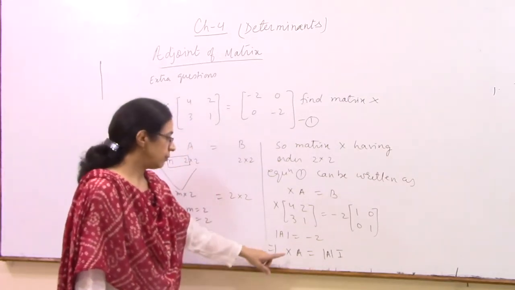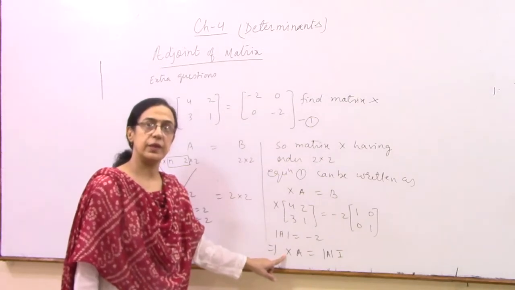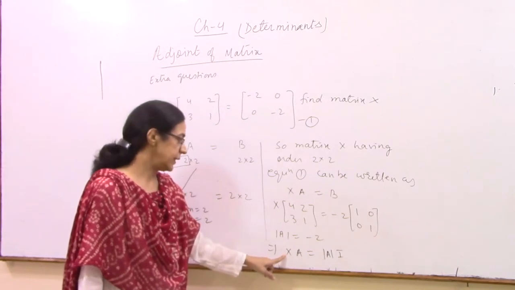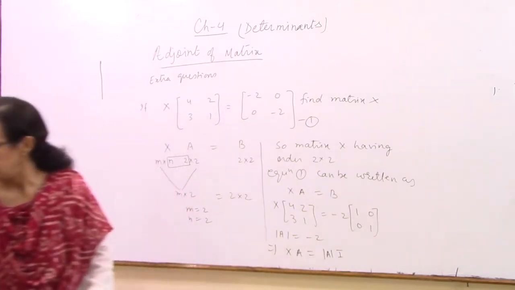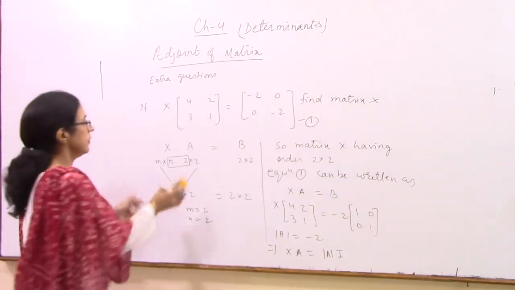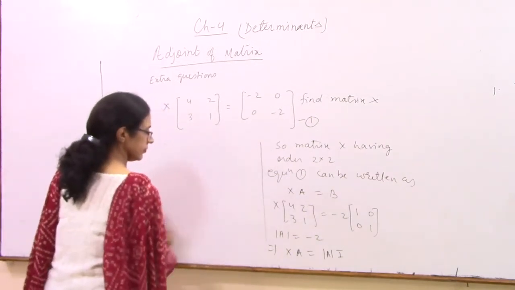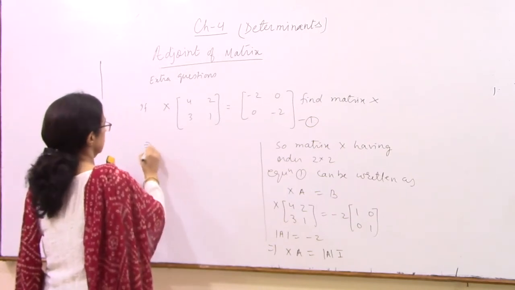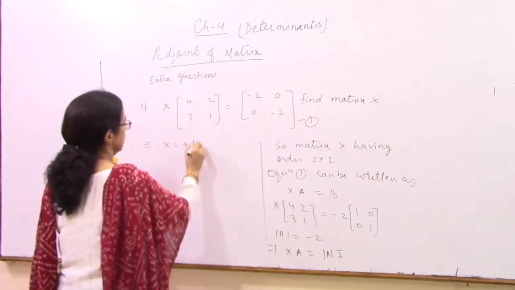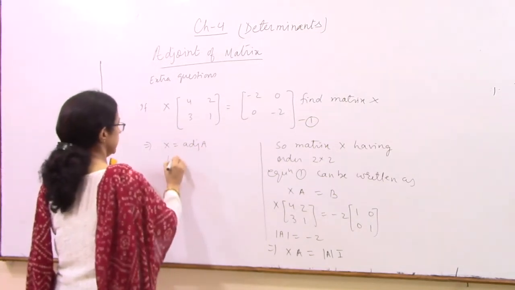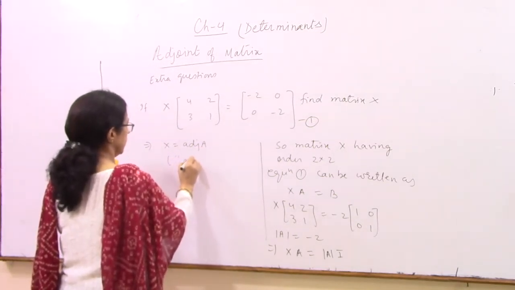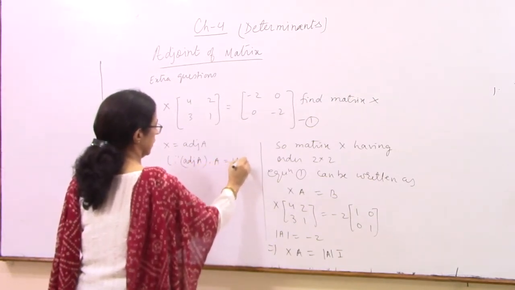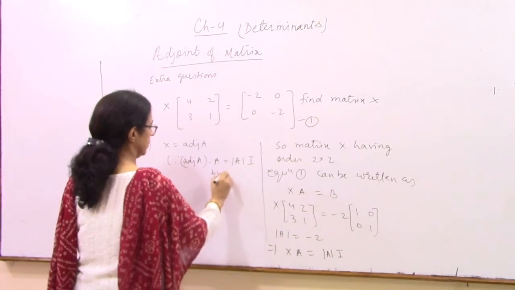So आपको X को कुछ assume करने की जरूरत नहीं है, डायरेक्टली आप X को adjoint A के इक्वल करेंगे और adjoint A की जो वैल्यू होगी वो ही X की वैल्यू होगी. X equal to adjoint A, since adjoint A into A equal to determinant A I by theorem 1.